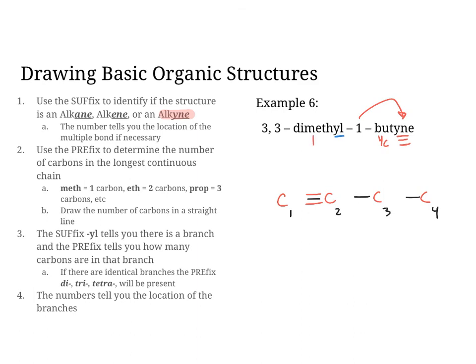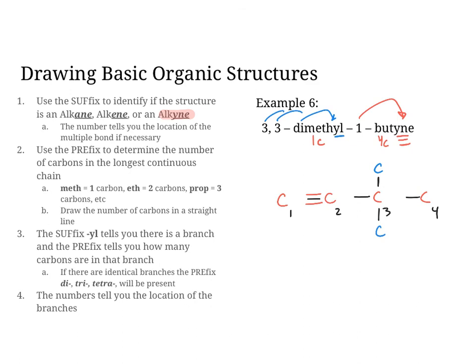The meth tells me it's 1 carbon long. The di tells me that there's 2 of them. And the 3 tells me the exact location. So in this case, I'm going to draw on the 3rd carbon a 1 carbon branch going up and a 1 carbon branch going down, and you really don't have another option here, so this is the way that it's going to be.